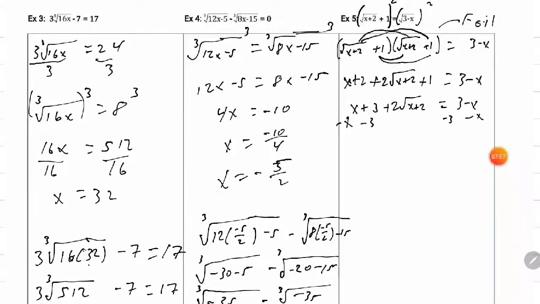So I have 2 times the square root of x plus 2 on the left equals 3 minus 3 is 0, and then we have negative 2x on the right. I'm going to divide by negative 2. And get the square root of x plus 2 equals negative x. So just negative x.